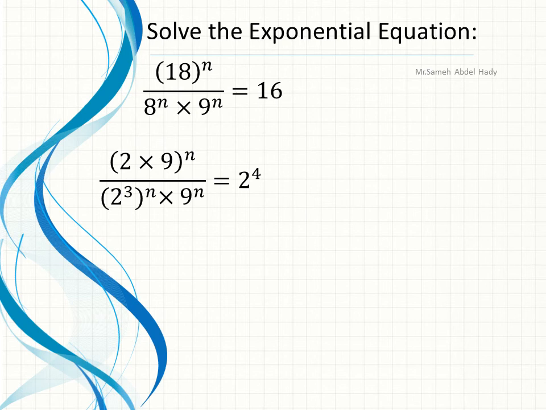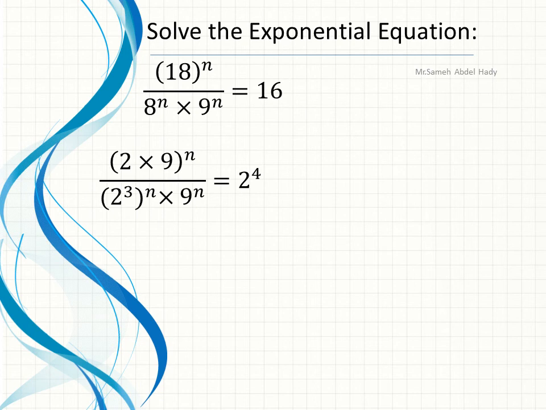So I will write 18 as a product of 2 times 9, and write 8 as 2 cubed, and write 9 as 9. Why? Because 18 I write as 2 times 9, so I have 9 in the denominator and numerator.